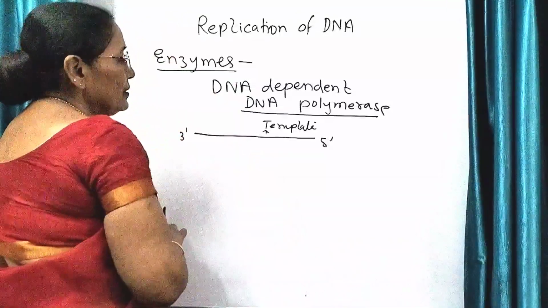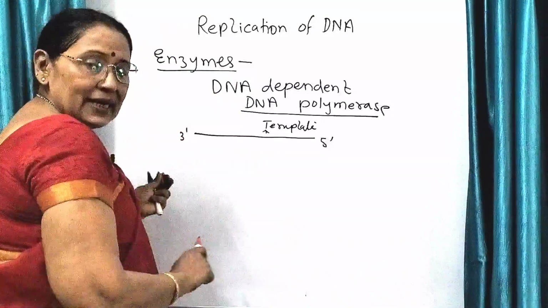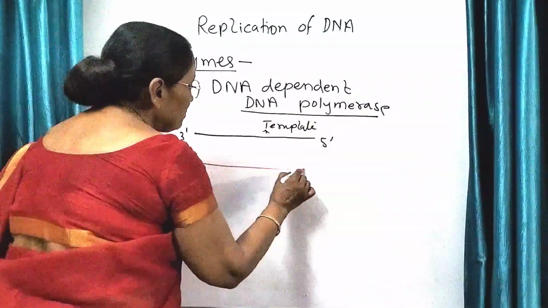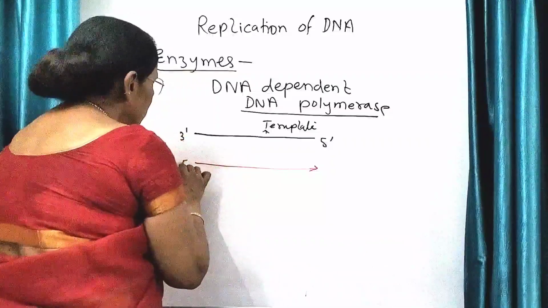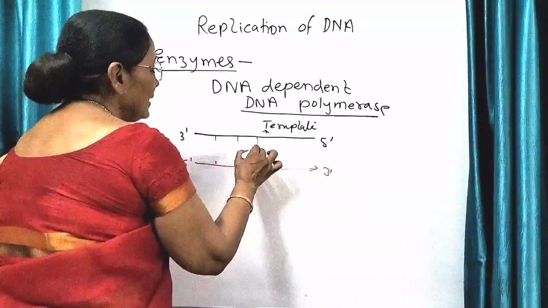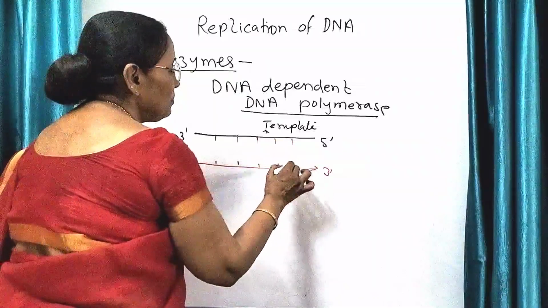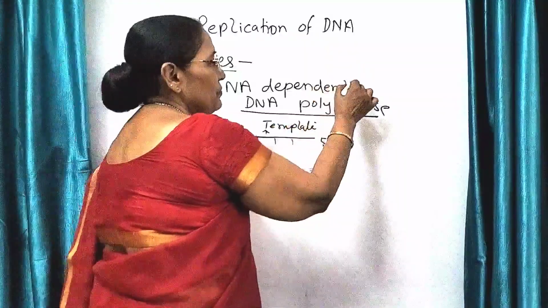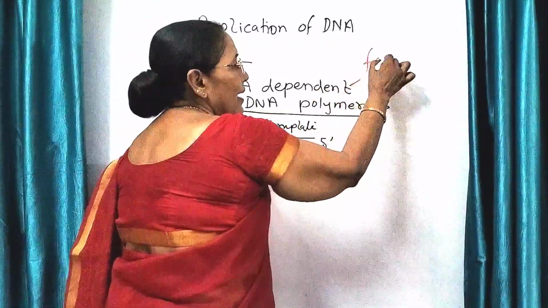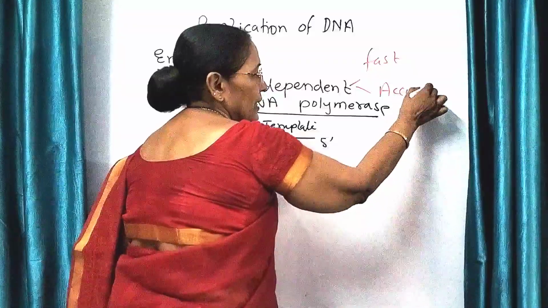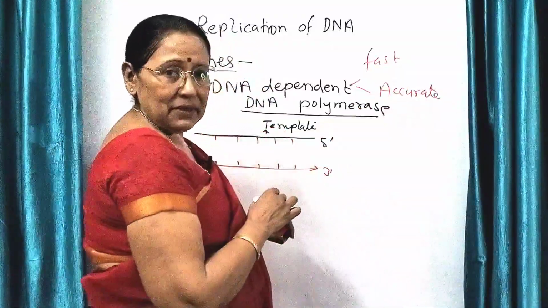So with the help of this template strand, the DNA polymerase forms the new strand. That's why it is called DNA dependent DNA polymerase. This enzyme is very fast and it is very accurate. Rarely does it make any mistakes.